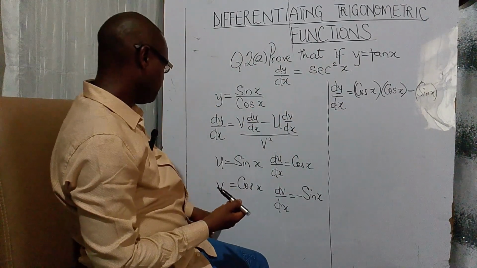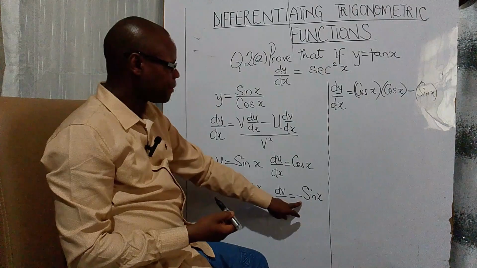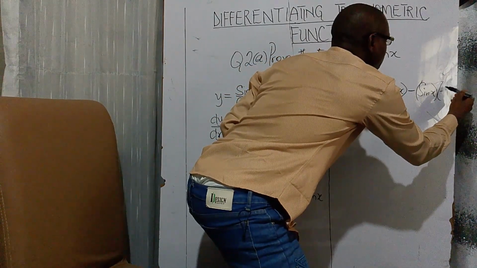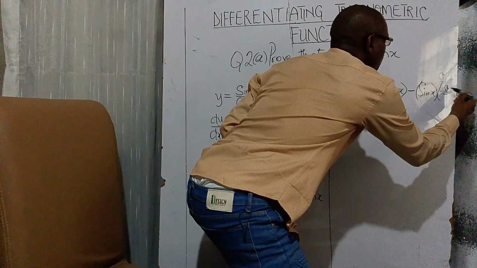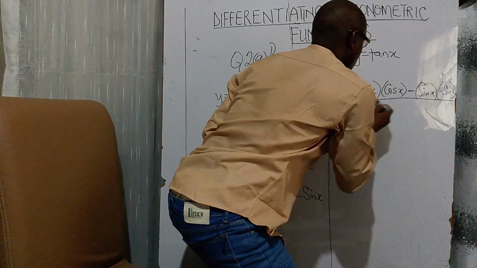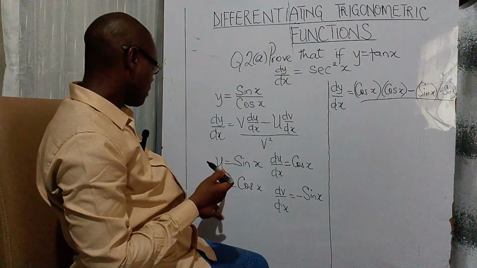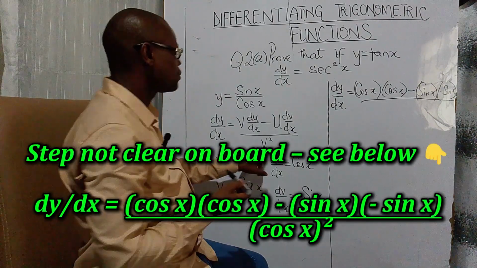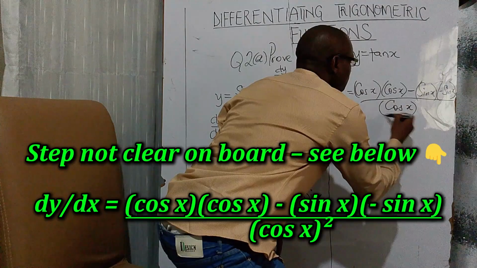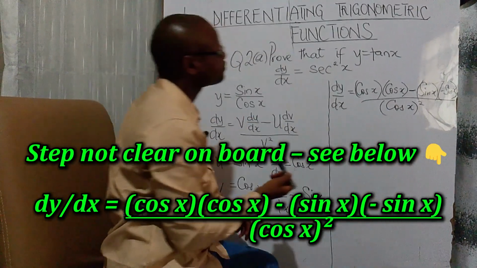Then dv dx is minus sine x. So let's manage that space on the board. Minus sine x. So we now use this to divide v squared, where v is cos x, so that becomes cos x all squared.